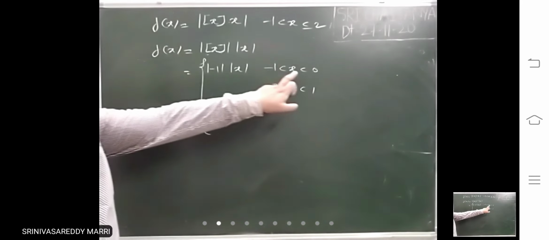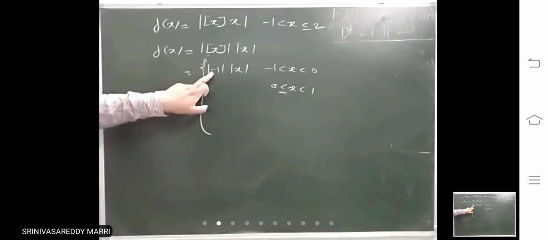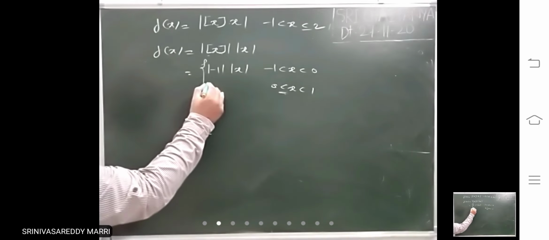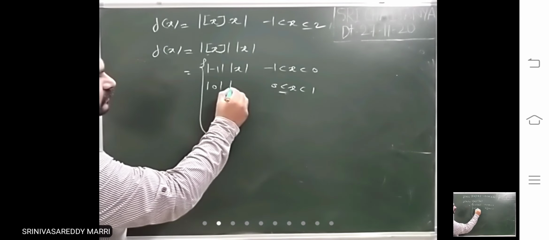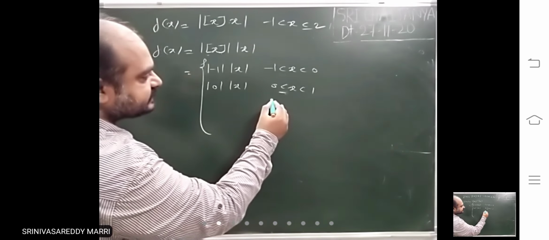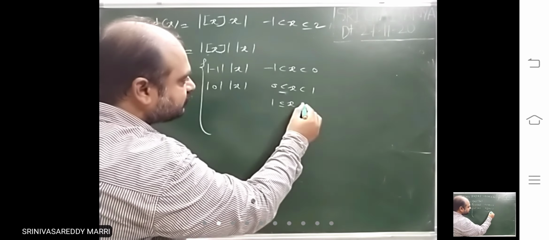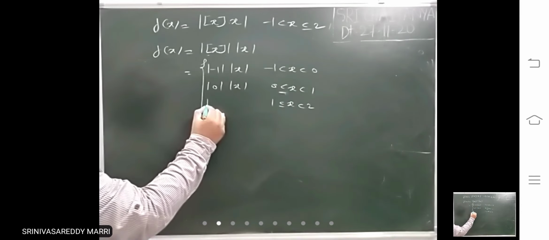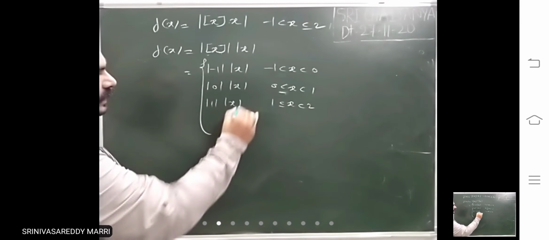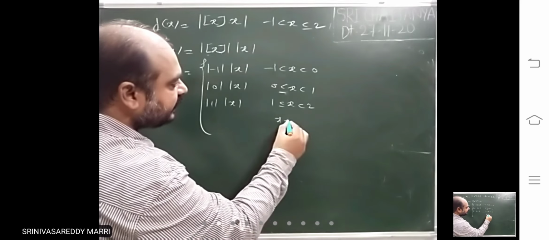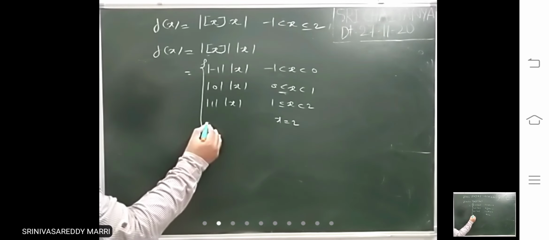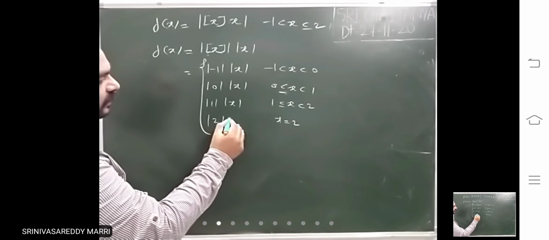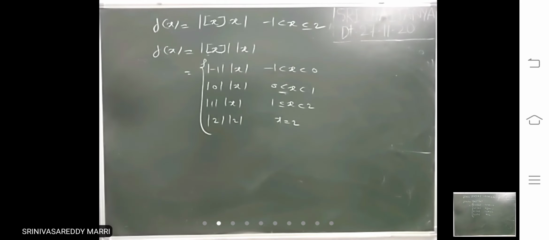Now 0 close to 1, step x will be what? 0. Modulus 0 into modulus x. Next from 1 to 2, step x is what? Modulus 1 into modulus x. Only at x equal to 2 means you substitute 2: step 2 into modulus 2. So this is the definition.